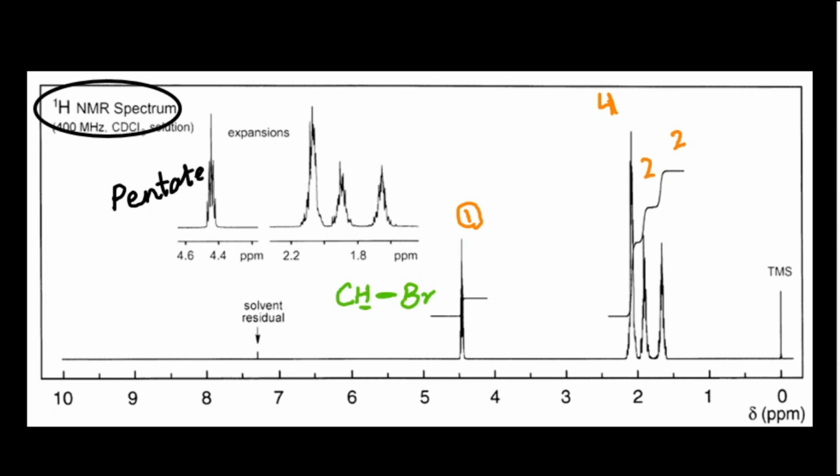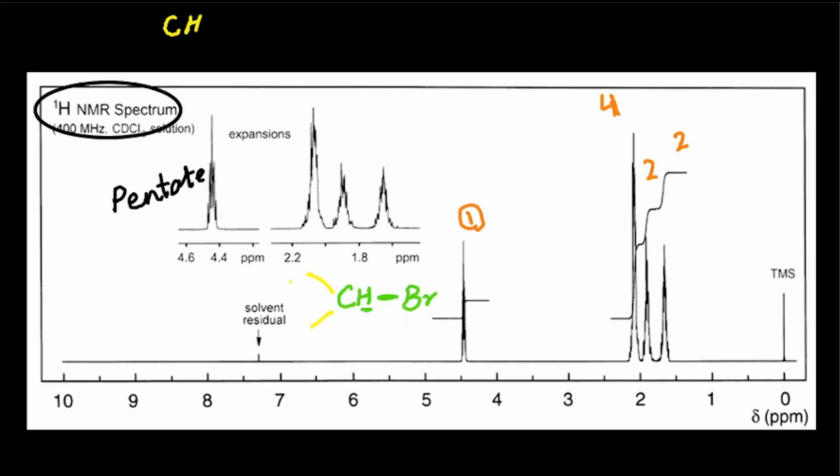Because the integration value is 1, and in its neighboring it is attached to 4 hydrogens. It cannot be attached to 4 hydrogens directly, as in CH4. It is possible because except the CH group, only CH2 groups are present in our structure. Do you agree? And 2 CH2 groups are attached here because it gives us a pentet.